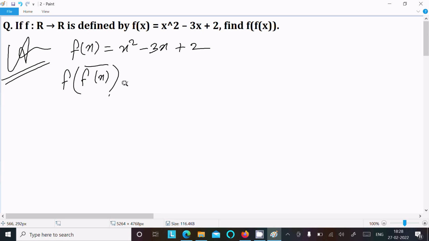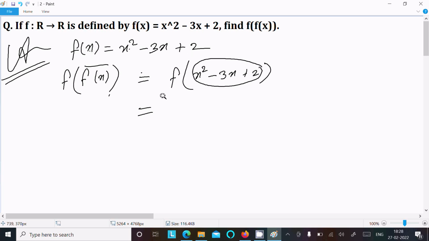So the f(x) value that I'm going to put, now f of f(x) is x² - 3x + 2. Now in the place of x we need to put this whole function.